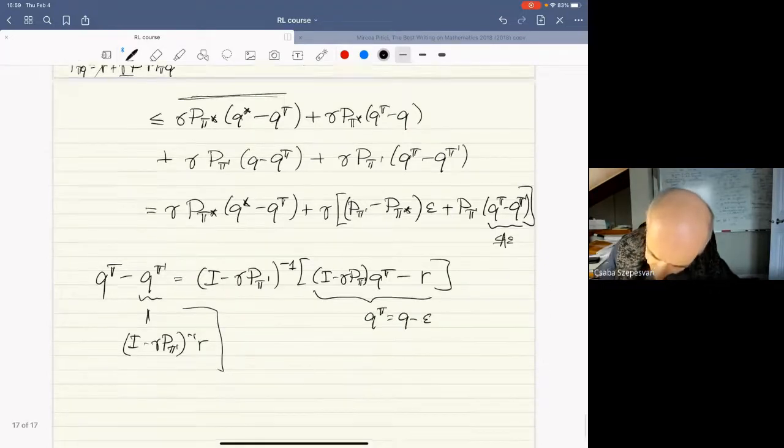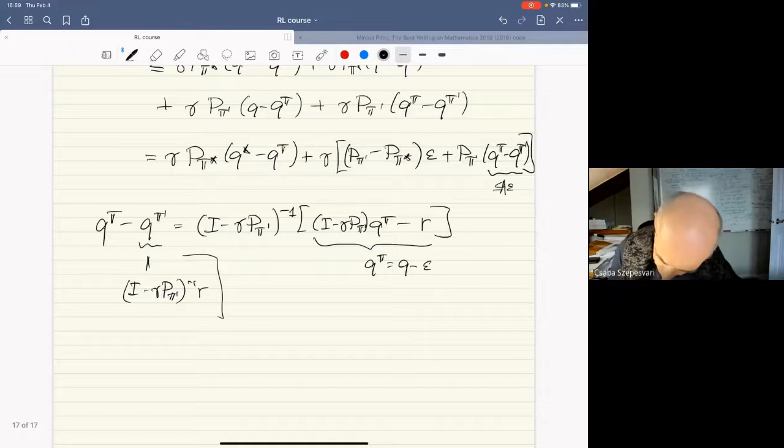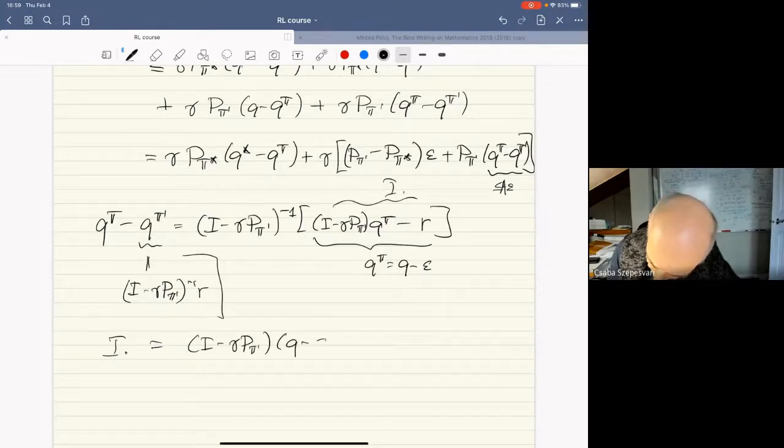So plug this in. Call this 1. Then 1 is equal to I minus gamma P of pi prime applied to q minus epsilon, minus r.